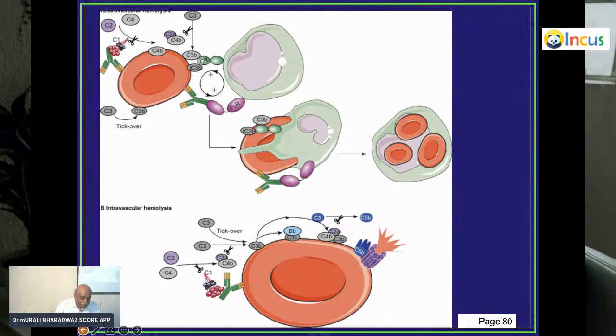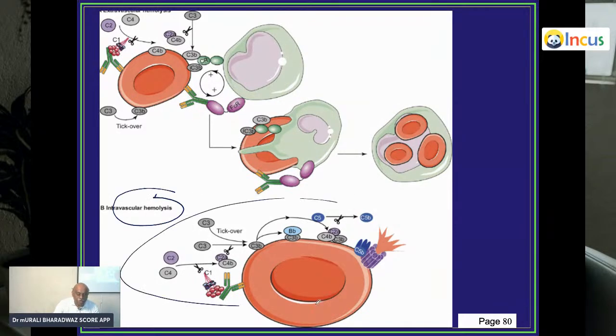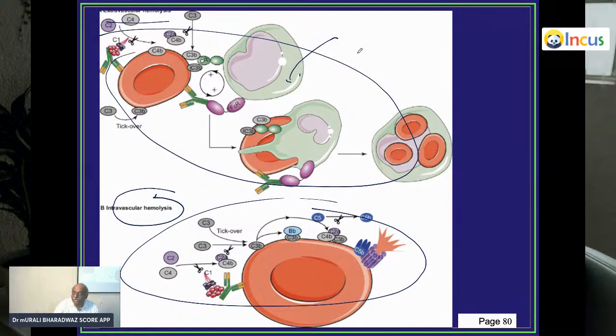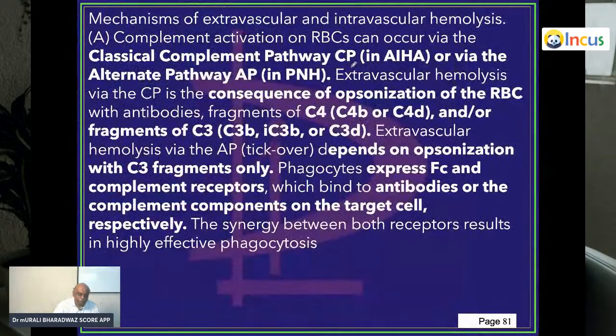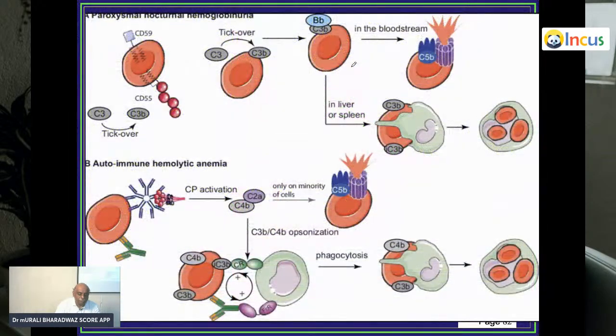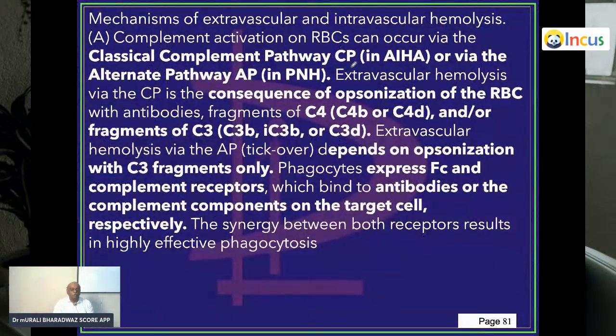So for you, I'm going to give you some things. You have intravascular hemolysis inside the vessel. You have extravascular hemolysis, which occurs in the spleen. But before that, one more thing: the complement proteins are of two kinds, the classical complement pathway and the alternate complement pathway.